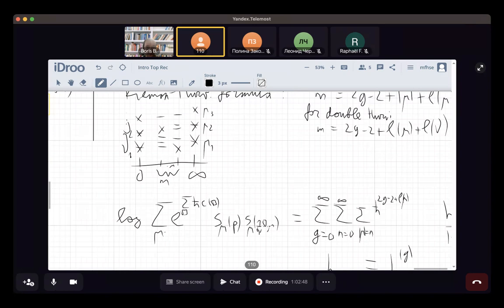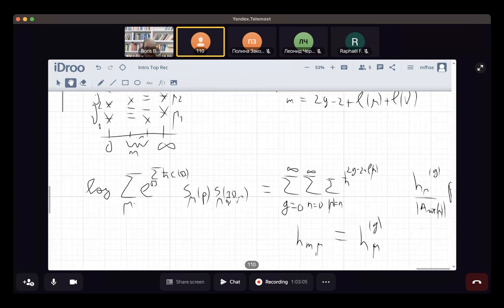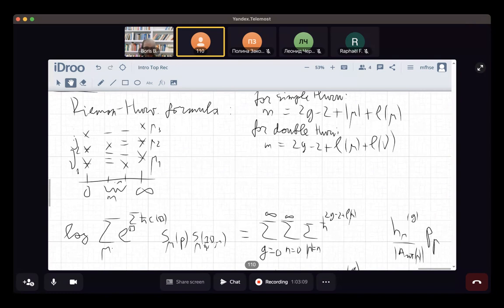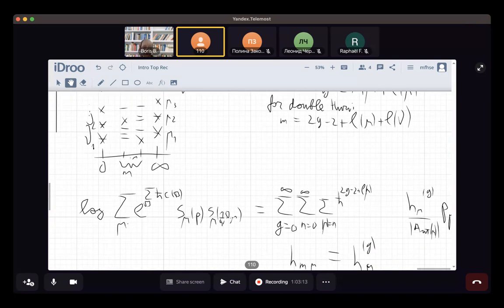Due to the Riemann-Hurwitz formula, you can see this actually. Where was our Riemann-Hurwitz formula? It's like that. You can see this because what happens once you plug 1 over h bar here?